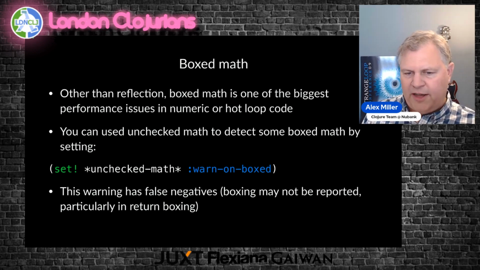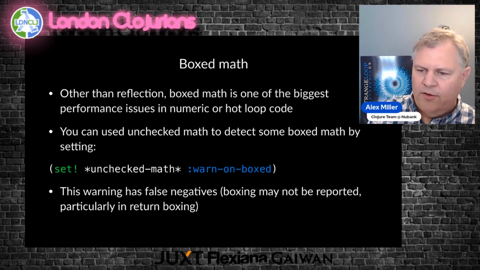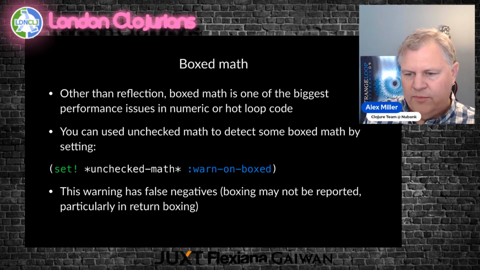And so we don't actually have a hook there to easily detect that. So you might miss some cases like that. In reality, I'd say the easiest way to make sure that you're not using boxed math is to use a decompiler or a bytecode inspector of some kind to look at the generated code and make sure of that.